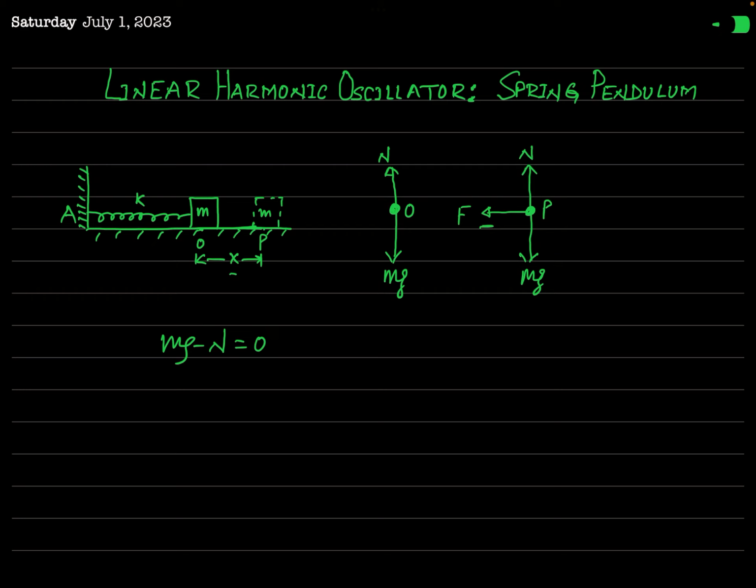equilibrium position O. In general this restoring force, which we can write as Rf, is a non-linear function of the displacement x. It is given by kx minus ax squared plus bx cubed and so on.